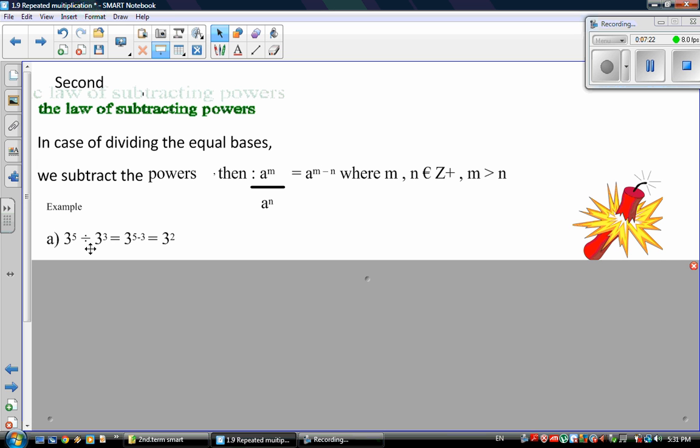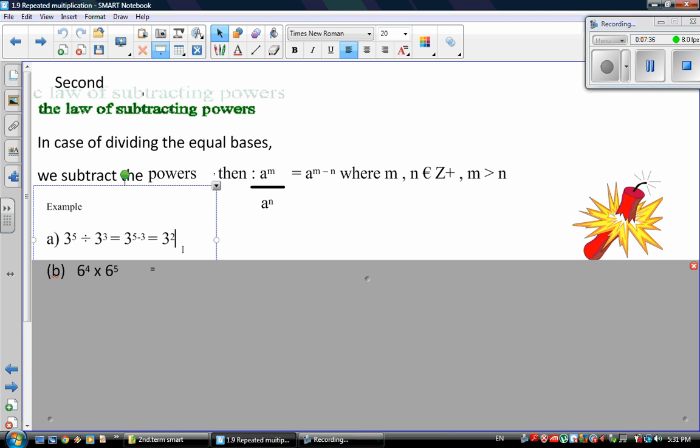Here the bases are the same, so we keep the base as it is. We write 3 as it is and subtract the two powers. 5 minus 3 equals 2. So the answer is 3 to the power 2, which is 3 times 3, meaning 9.